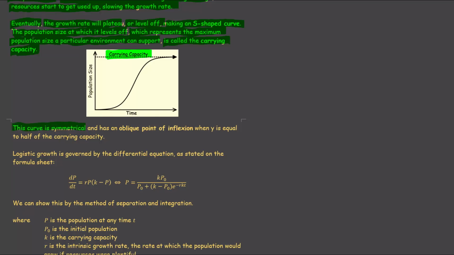This curve is symmetrical and has an oblique point of inflection when y is equal to half the carrying capacity. This is an important point that's used in many questions. So about there is an oblique point of inflection, and that is when y is half of the carrying capacity, which, as we'll see below, is usually called K.